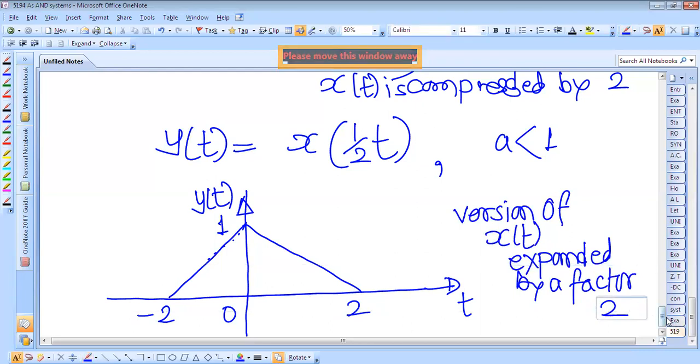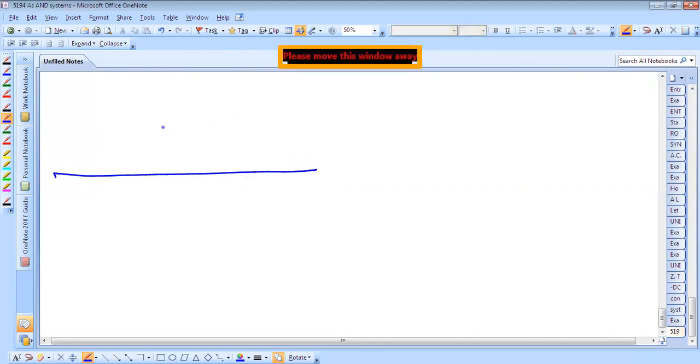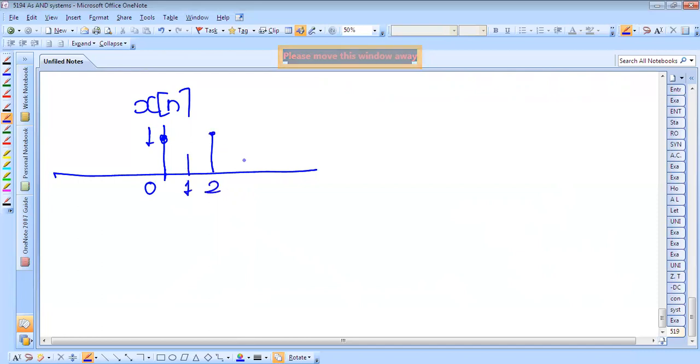Now let us consider one example. Suppose this is x of n: at 0 it is 1, at 1 it is half, at 2 it is again 1, at 3 it is half, at 4 it is again 1, like this.